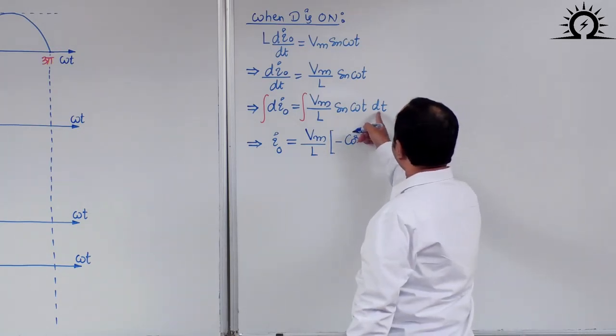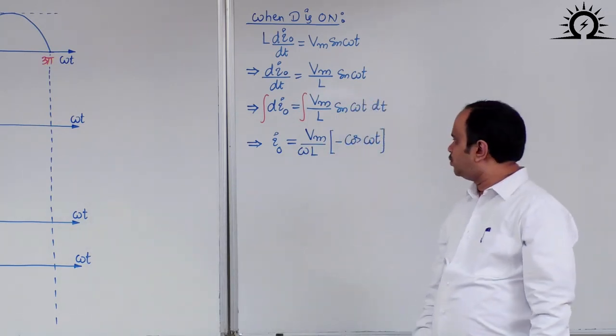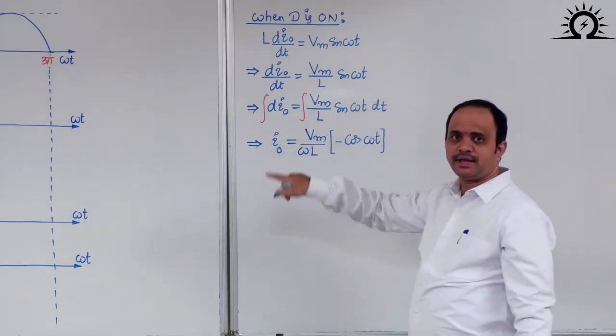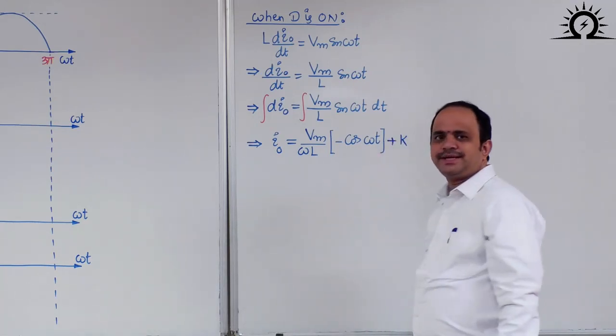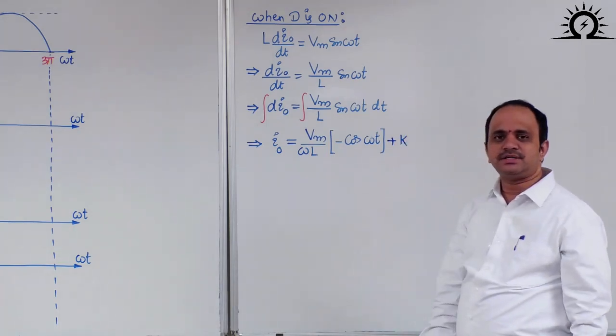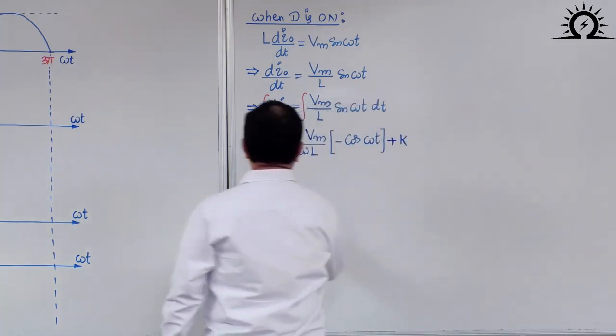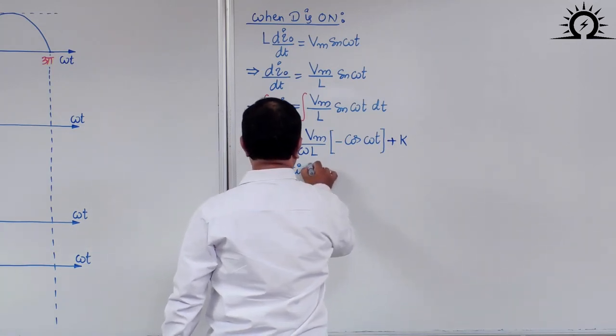As integration is with respect to t, I can write omega in the denominator, plus integration constant k. Now how can you find this integration constant k value? By applying initial conditions.